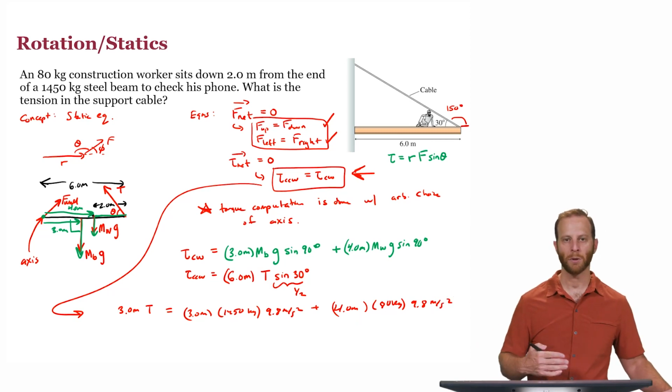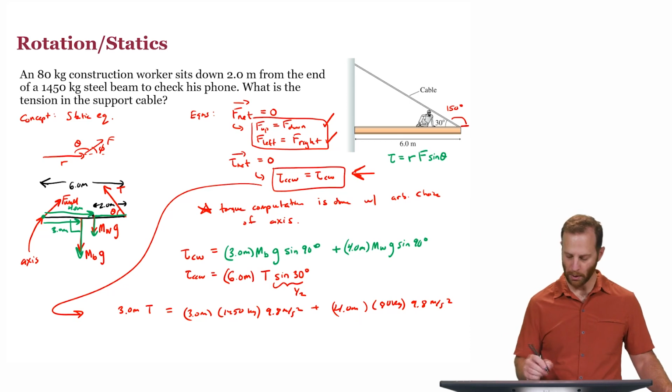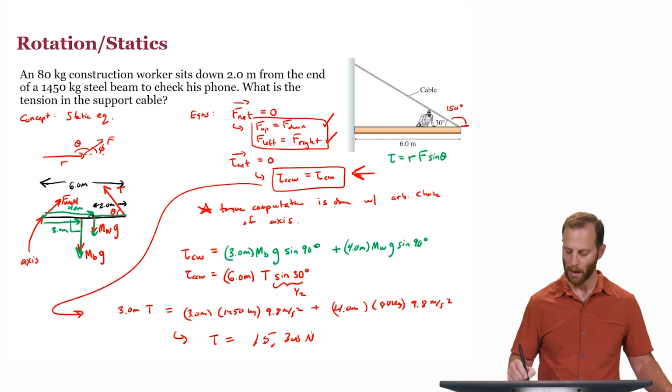We've set the counterclockwise and clockwise torques equal. That allows us to solve for the tension. You should find the tension is about 15,000 newtons, or more accurately, 15,300 newtons for our final answer.